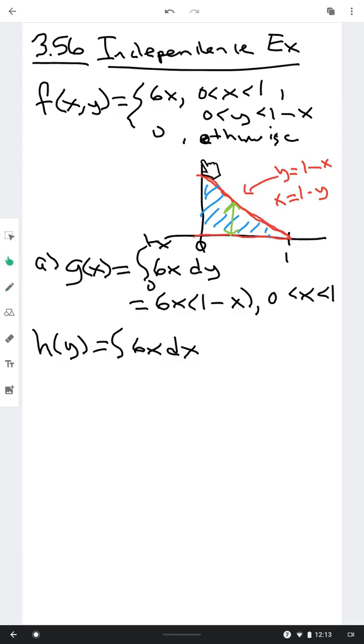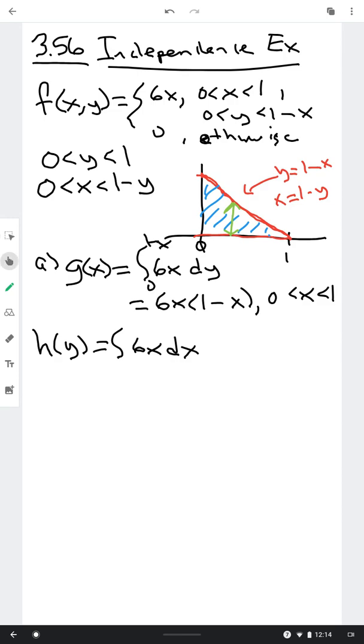Another way that I could have written the limits for this triangle is to reverse the relationship between x and y. I could say instead that y goes between 0 and 1, which is true, and x is the one that's between 0 and 1 minus y.